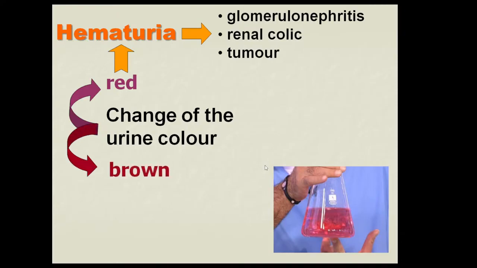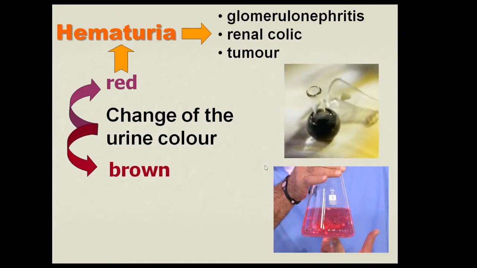Urine can be brown. Foamy brown urine is characteristic for jaundice, especially hepatic and obstructive jaundice, due to increased bound bilirubin in the blood, which is water soluble and easily removed through the kidney.